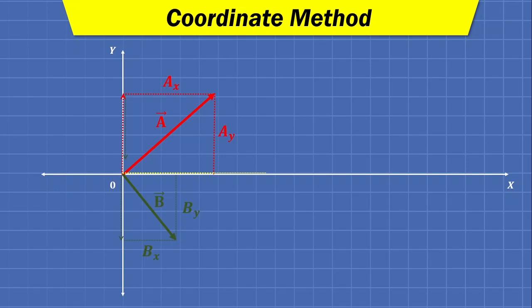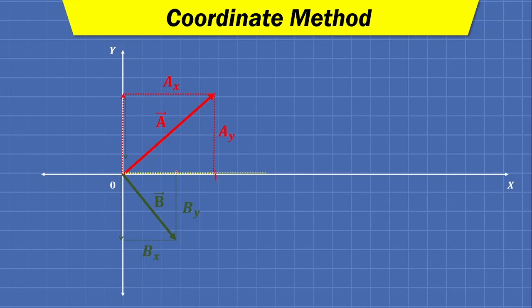So ax and ay are the x and y coordinates of vector a. Bx and by are the x and y coordinates of vector b respectively. Then what will we do? We will algebraically add the x components of both the vectors and y components of both the vectors separately. So the x component of a and x component of b are merged on x-axis. You can see that the x components of a and b both are positive, so we have added them.